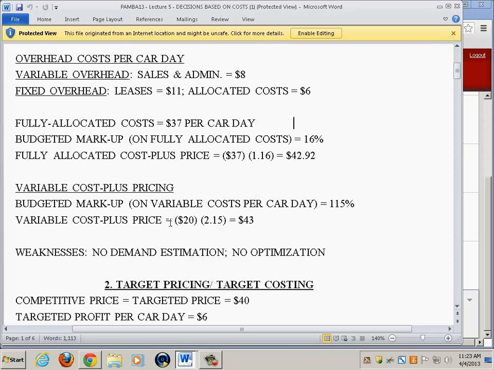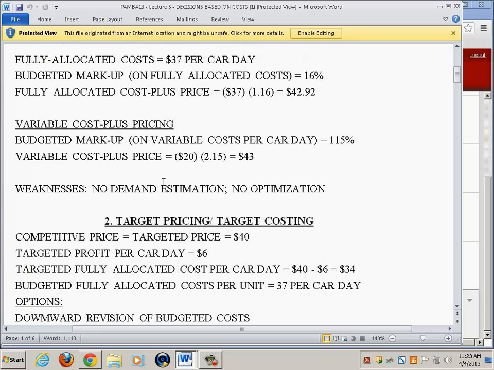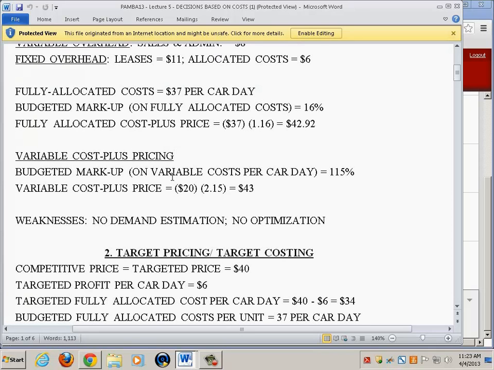So if the variable costs in our example are $20, and we want to get to 43, we need a 115% markup on variable costs, if you mark it up on variable cost rather than marking it up on fully allocated costs, which include the fixed cost as well. Okay, so these are the mechanics of the method.